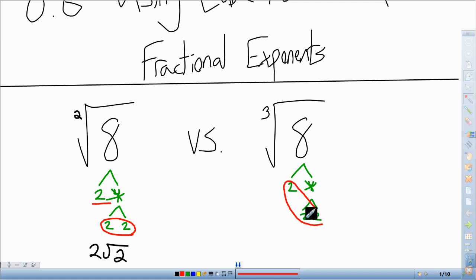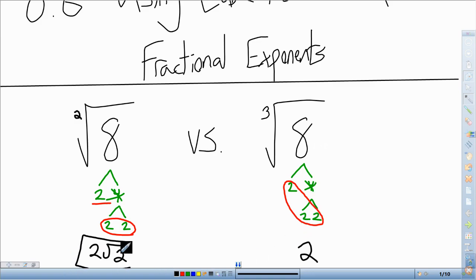Just like before, I like to circle all of them. That trio, or group of 2s, means a single 2 comes out of our radical. What's not grouped up would stay inside the radical. On this one, everything is grouped up, so the radical disappears.